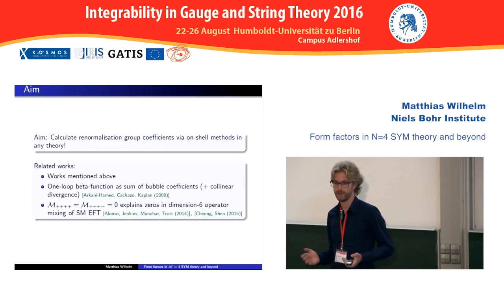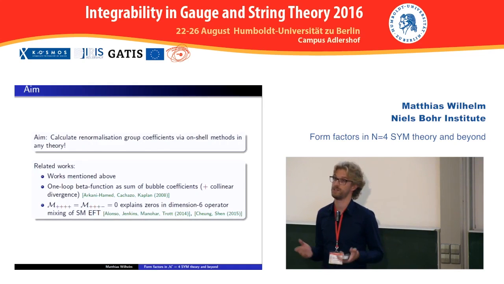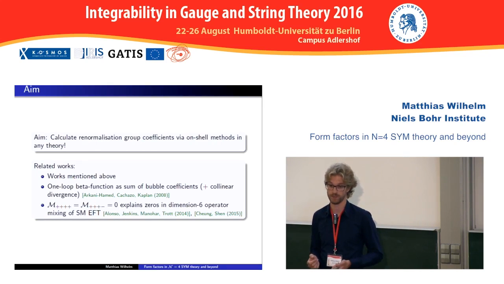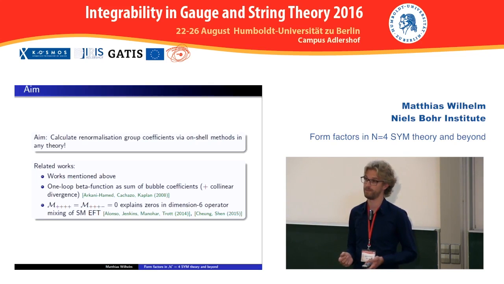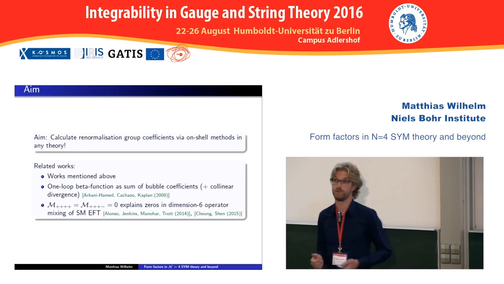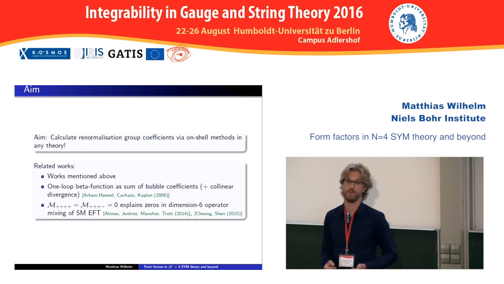Our aim is to calculate renormalization group coefficients, such as anomalous dimensions and beta functions, via on-shell methods, but now in any theory. This is, of course, related and in some sense a generalization of the developments in n=4 I've presented before.